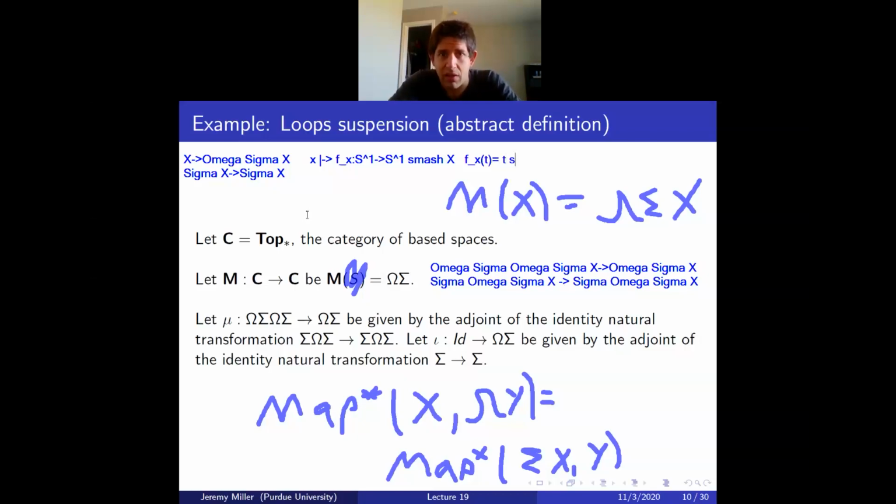Well, you just send it to t smash x, because we exactly have a circle coordinate and an x coordinate.